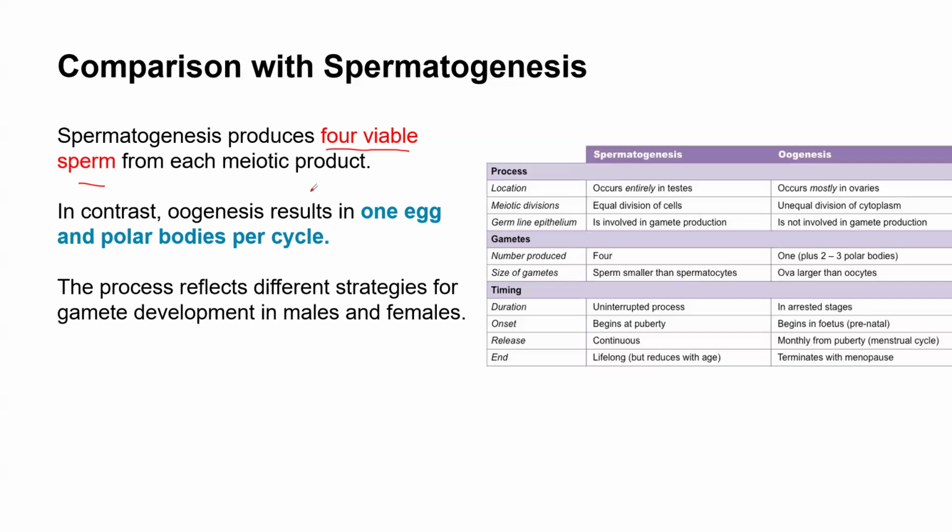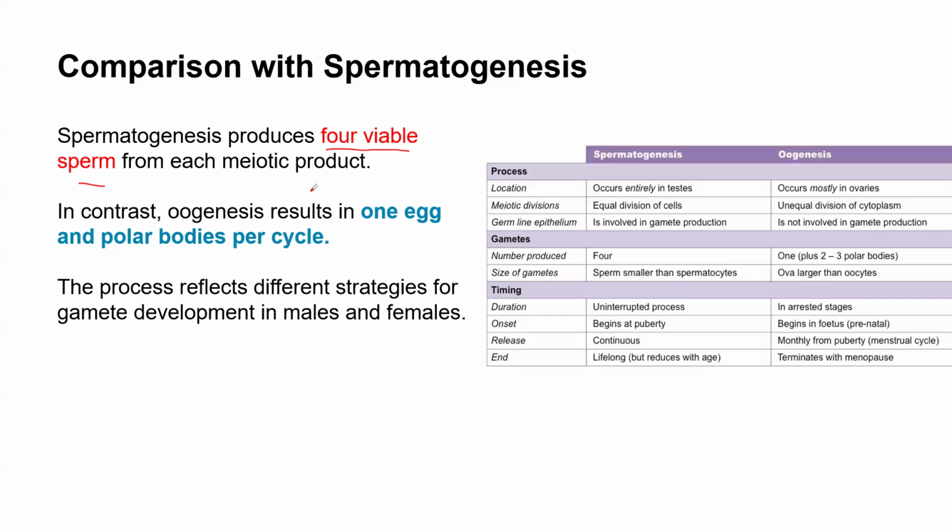As for the size of the gametes, sperm is smaller than the spermatocyte, while the ovum is larger than the oocyte. Then the timing, that is duration: in spermatogenesis it is an uninterrupted process, while oogenesis has arrested stages.